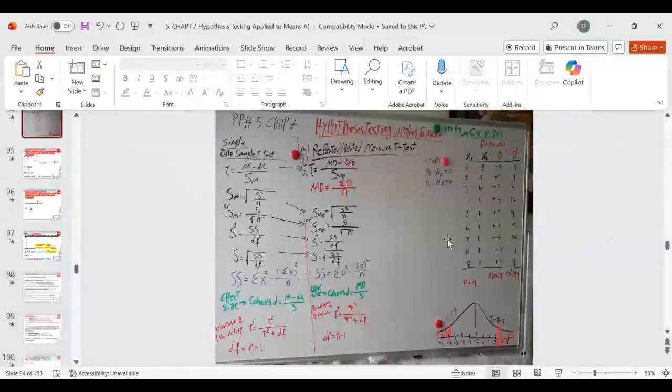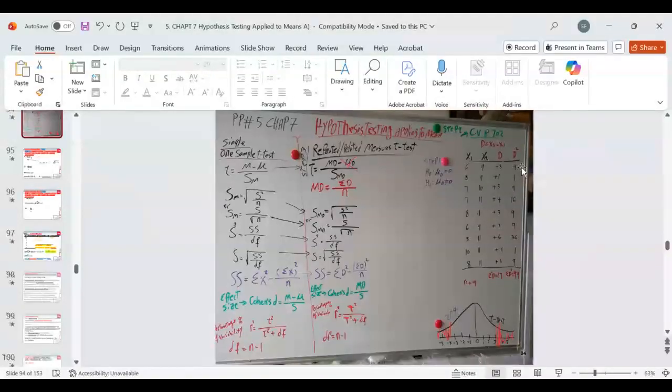I wrote them like this because your book has it like that, manually. Usually 1 goes before 2, but for SPSS, you do 2 and 1. So D is the difference between, let's say, 6 and 9, or 9 minus 6 is 3. The difference between 9 and 8, or 9 minus 8, is 1.